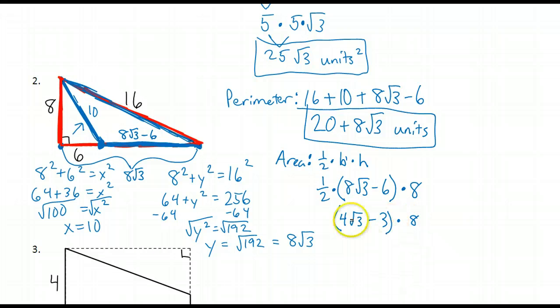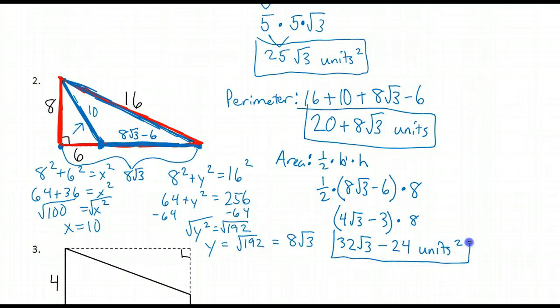So 8 times 4 square roots of 3 gives me 32 square roots of 3 minus 24 units squared. So even though there weren't grouping symbols around this 8 square roots of 3, I needed to add them in before I multiplied.